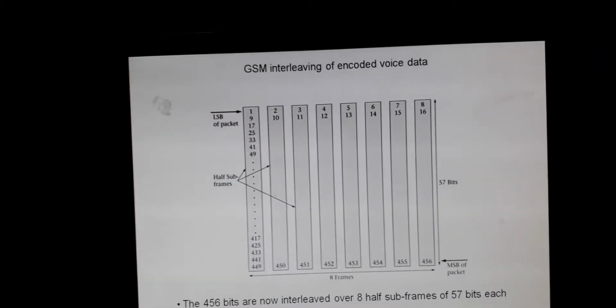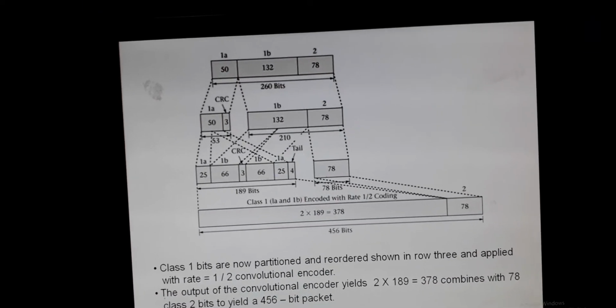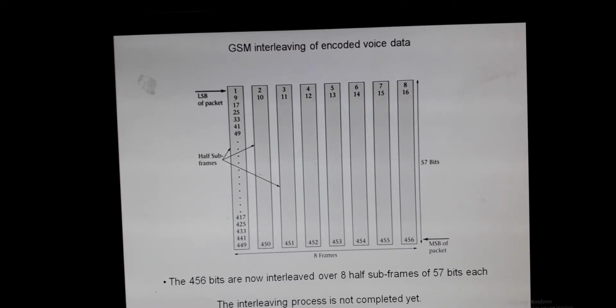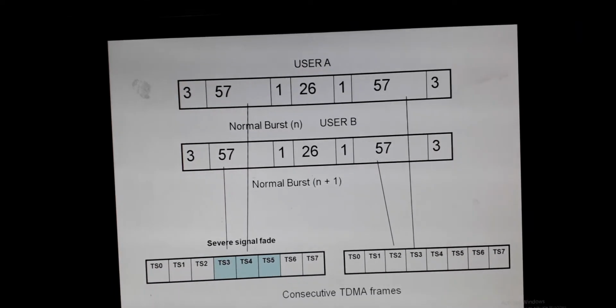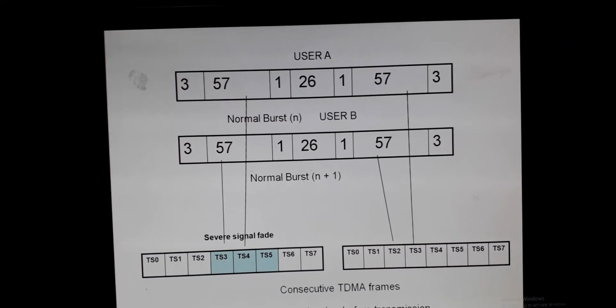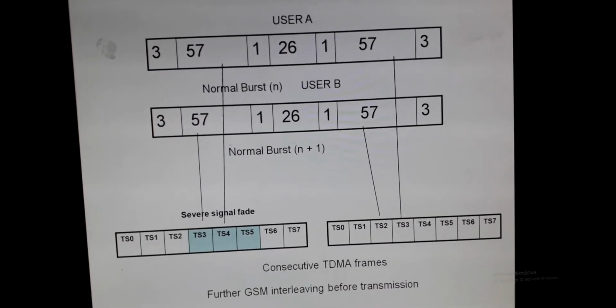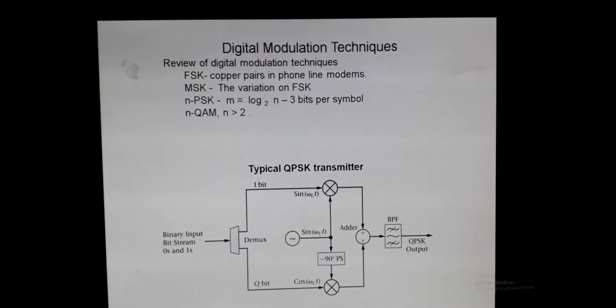So the burst formation in GSM is selecting 57 bits from all these blocks and putting them in the normal burst, and the 57 bits are put in the time slot like this. So this is the interleaving technique.